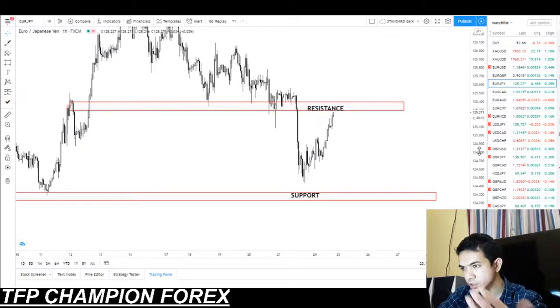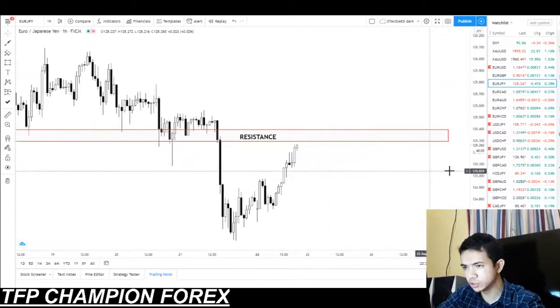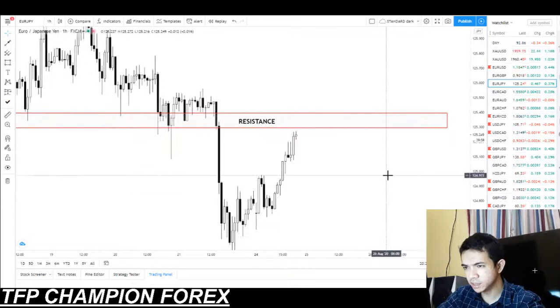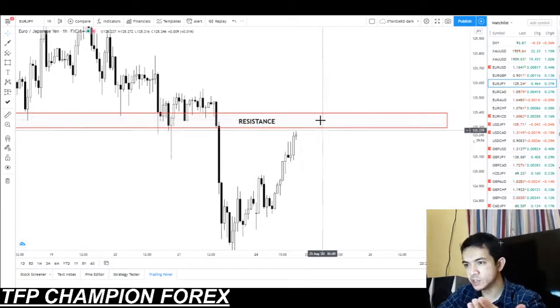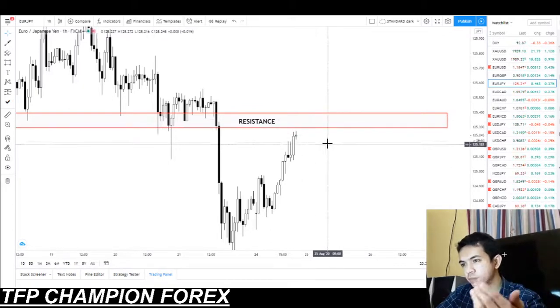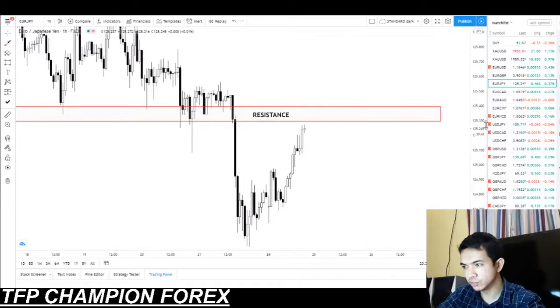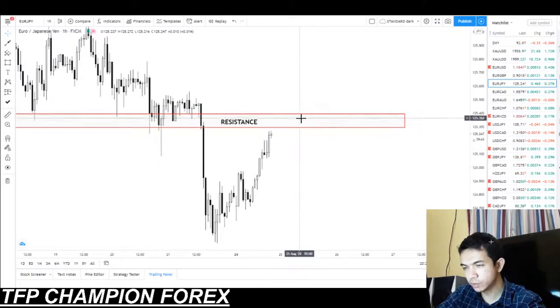Am I approaching? Am I already at the zone, or already at the support or resistance? Right now I know that I am still approaching the key resistance level or zone. So I would wait for the price to react to this level or zone prior to taking any trades or positions.